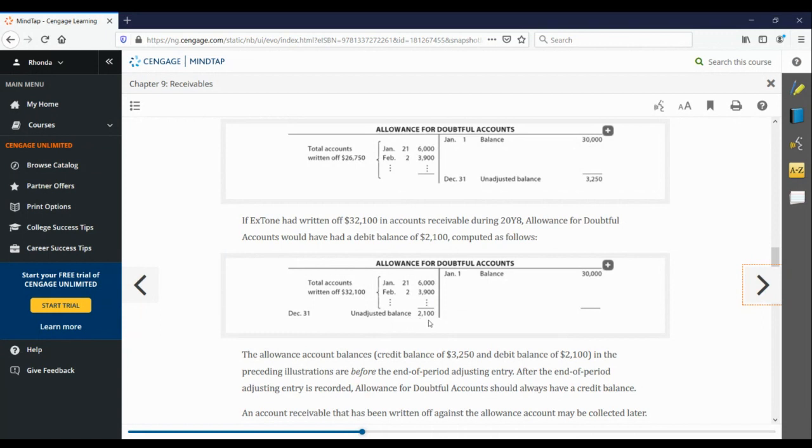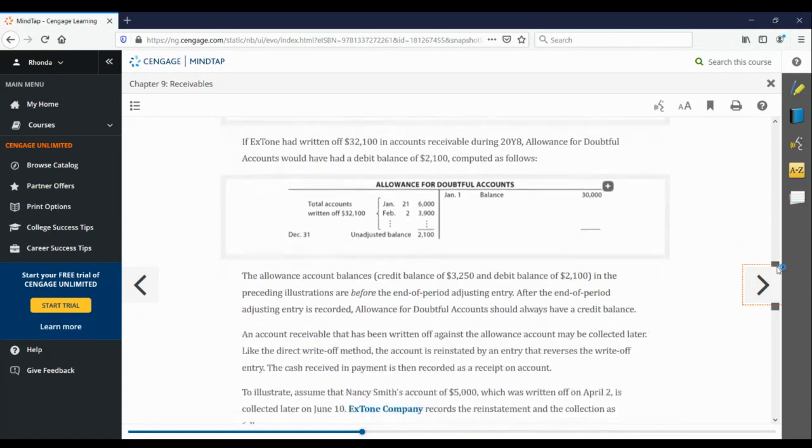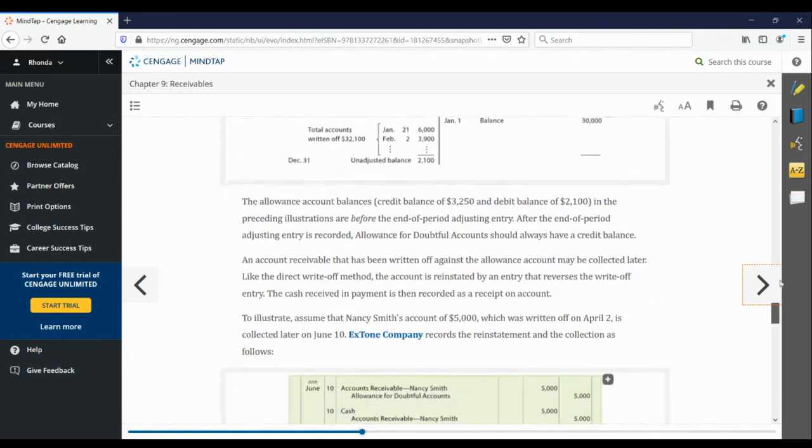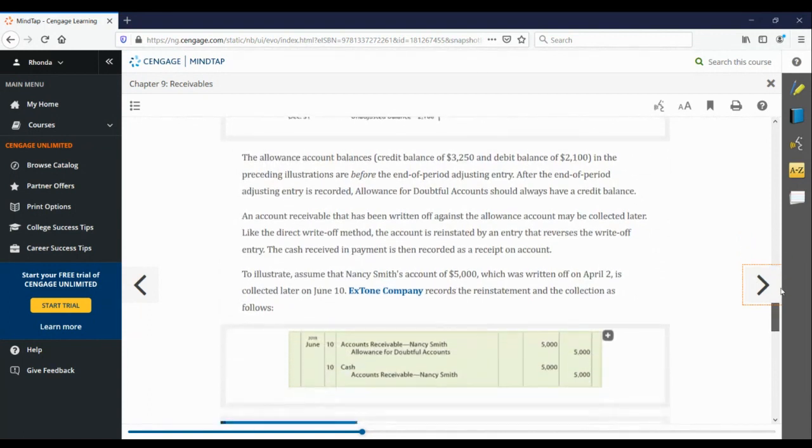So this unadjusted balance can temporarily become negative. And this is before the adjusting entry is processed. So sometimes allowance for doubtful accounts can have a negative balance.